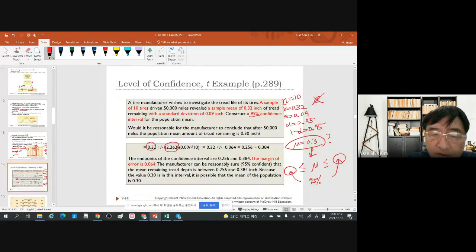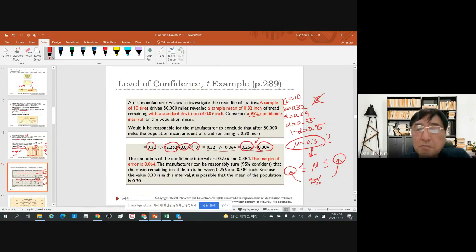Multiply by S, 0.09, divided by the square root of n. Then we calculate it, plus and minus like that. This is the lower limit, this is the upper limit. Then 0.3 is within here. Right? So 0.3 is here.